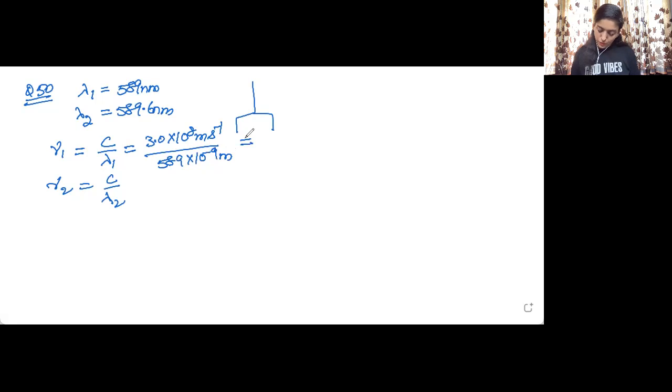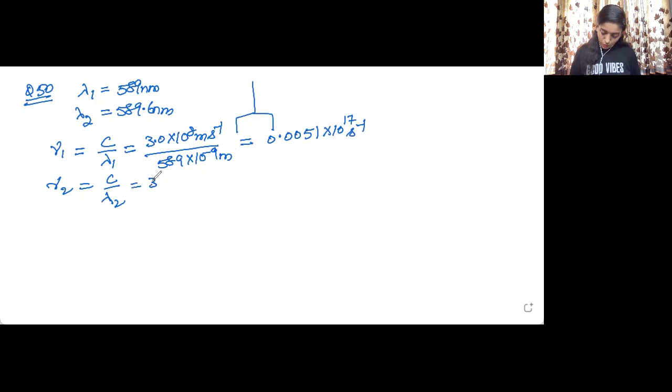This will come out to be 3 divided by 589, which is equal to 0.0051 into 10 raised to the power 17 per second. So this is the frequency. You can convert it into scientific notation.